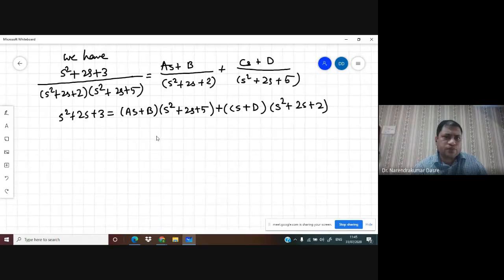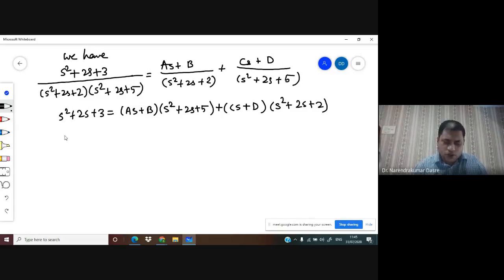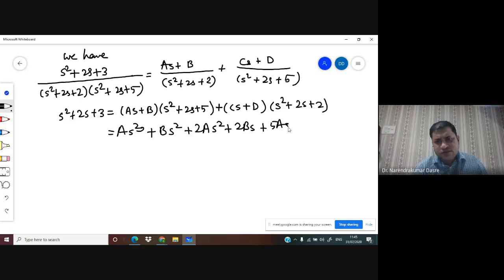Simplifying these terms, I have as cube, then bs square plus 2as square plus 2bs plus 5as plus 5b.